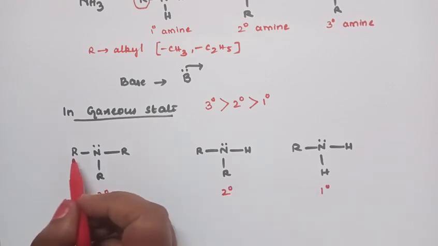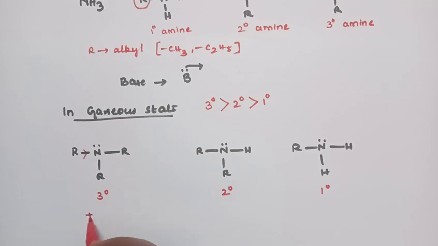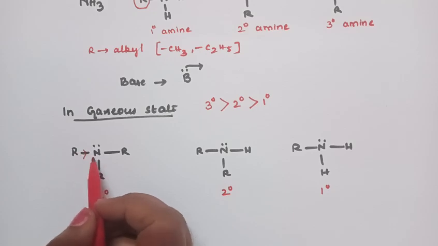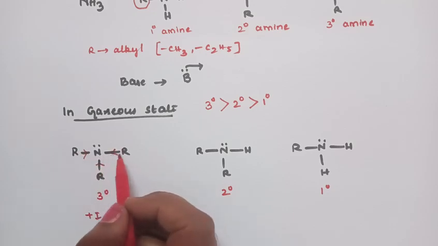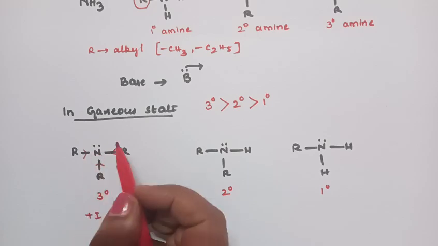R group is an alkyl group, meaning methyl group, ethyl group. You know that it shows plus I effect. Plus I effect means the R group releases electrons or pushes the electrons towards nitrogen. So 3 R groups are there. They push the electrons towards nitrogen, so nitrogen becomes rich in electrons.